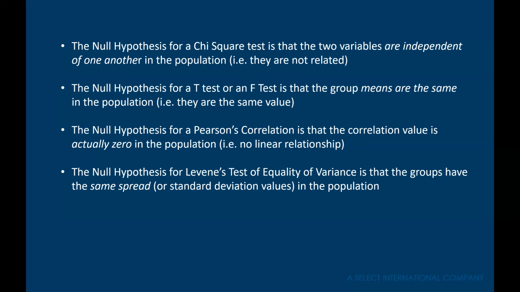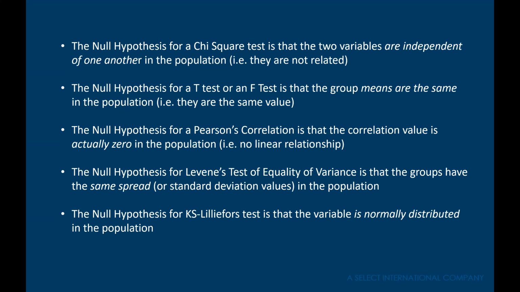And the Levene's test tells you the probability that the groups have the same spread or standard deviation in the population. Therefore, if the value is less than your alpha level, you reject it. You say there isn't evidence to show that it has equal spread, and therefore I might not be able to do a t-test, although in fact t-tests are quite robust.